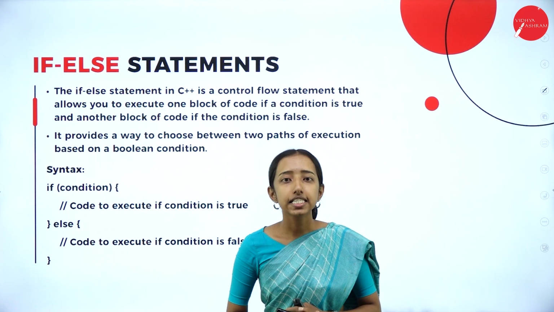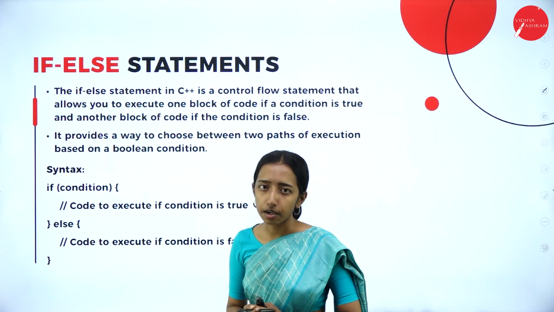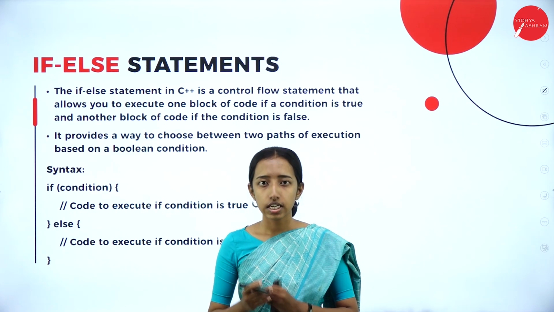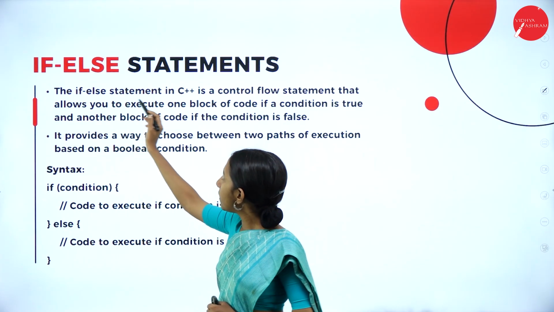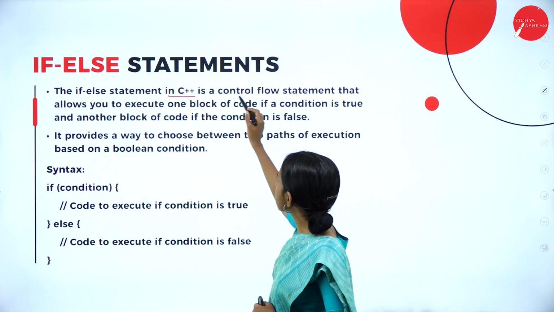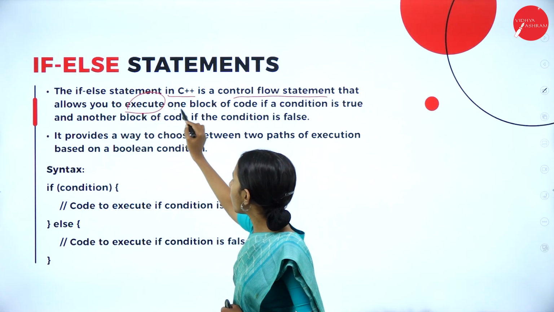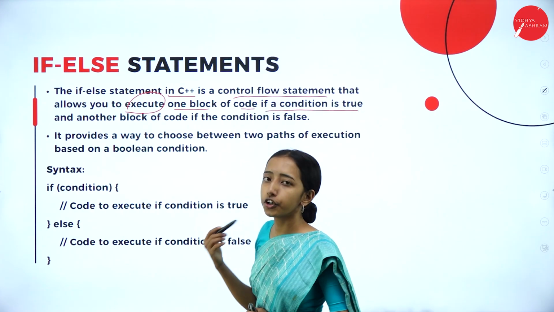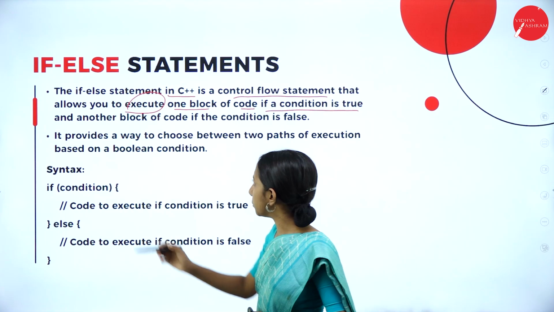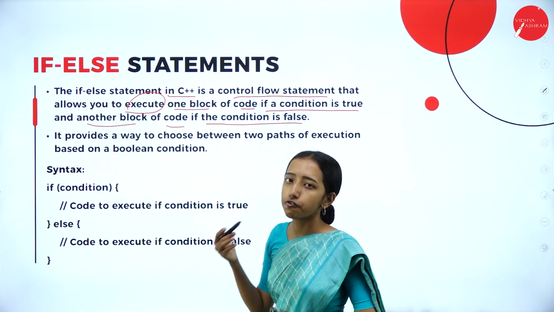So the next selection statement we are having is the if-else statement. So how does it work? The if and also the else part. The if-else statement in C++ is a control flow statement that allows you to execute one block of code if a condition is true, and another block of code if the condition is false.